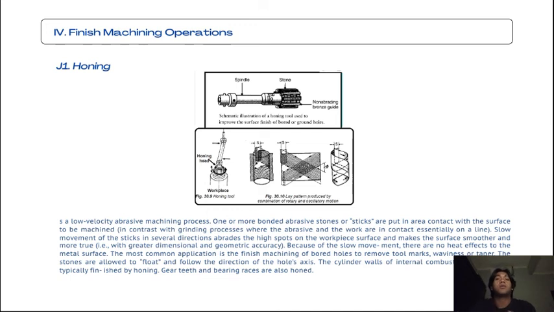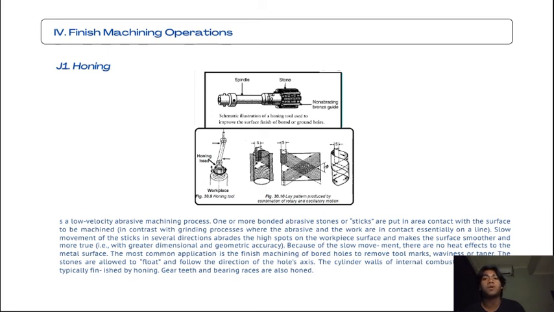So in contrast with grinding processes, where the abrasive and the work are in contact essentially on a line. Slow movement of the sticks in several directions abrades the high spots on the workpiece surface and makes the surface smoother, with greater dimensional and geometrical accuracy. Because of the slow movement, there are no heat effects to the metal surface.